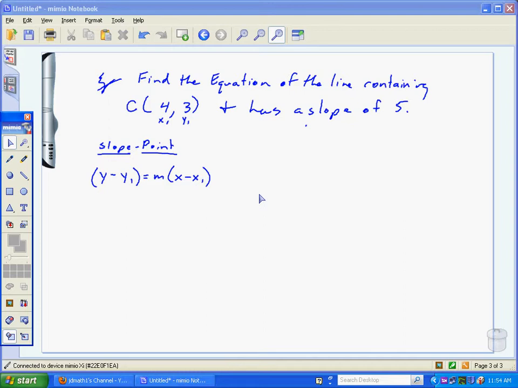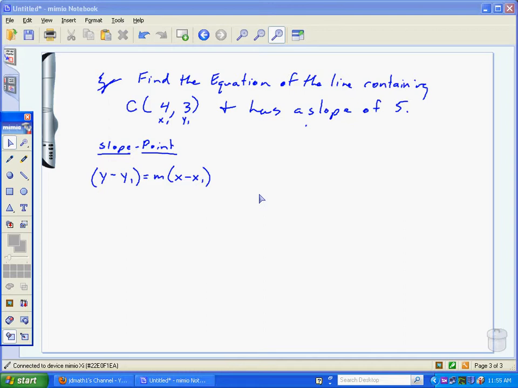Now, the trick to using this is we label our point, x1 and y1, and I've already done that. I'm going to switch to green here because my blue pen seems to be acting up. I'm going to substitute everything I know, and put it into slope-intercept form and standard form just so we can see that all again.